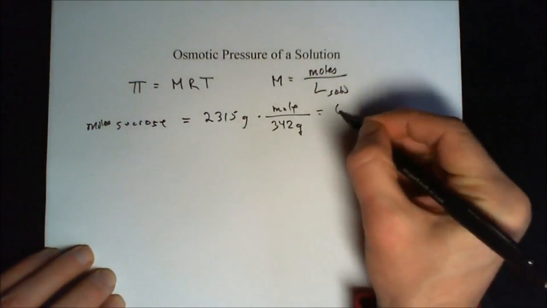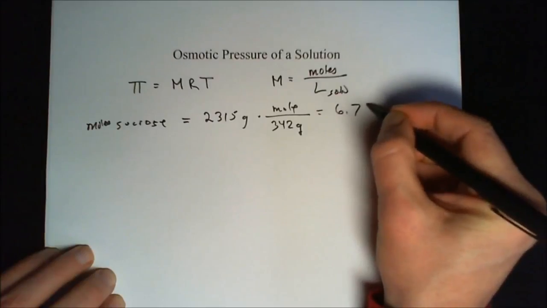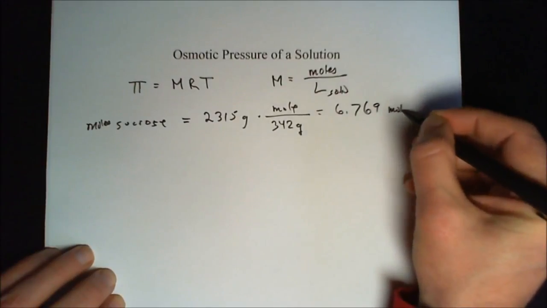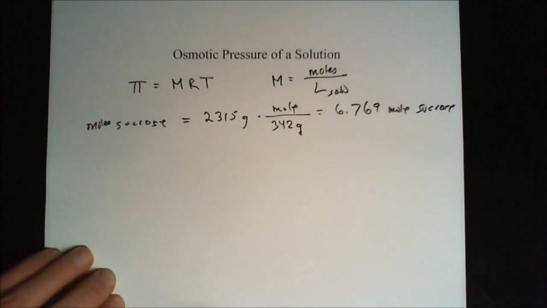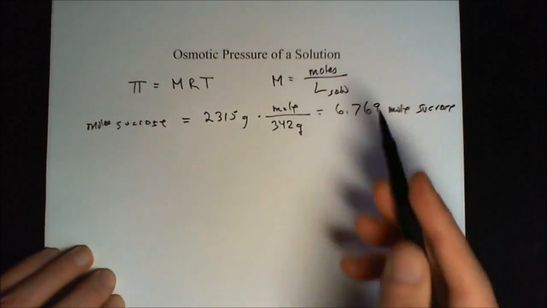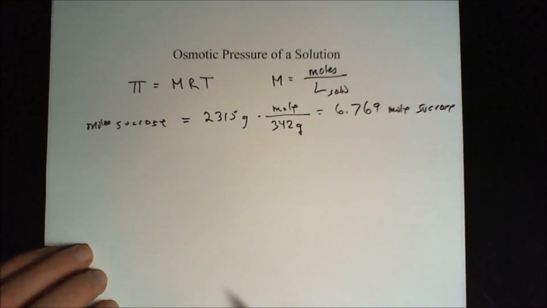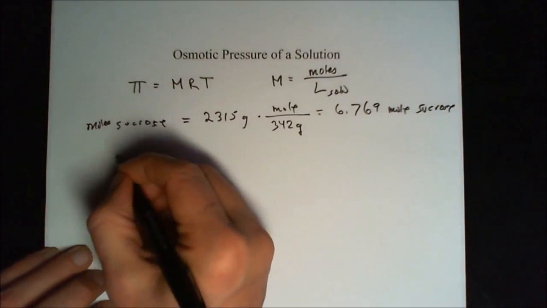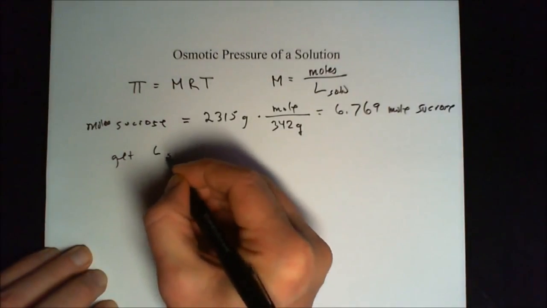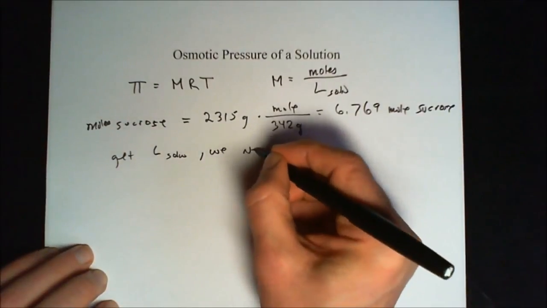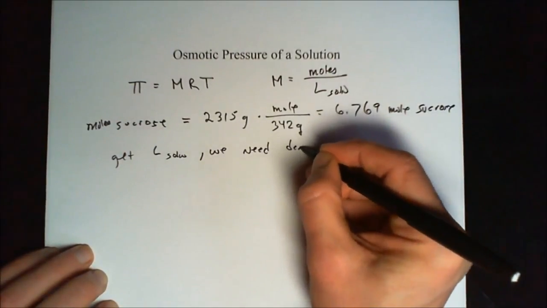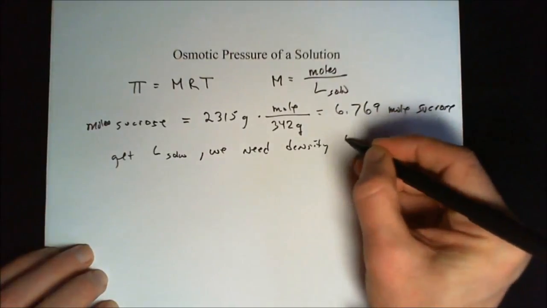And we multiply that out, and we get 6.769 moles of sucrose. Okay, so now we have the moles part. Now we need the liters of solution. Well, to get the liters of solution, we need density and the mass.